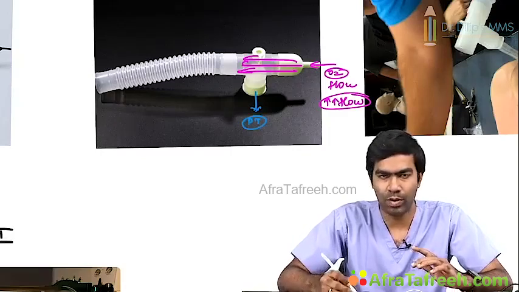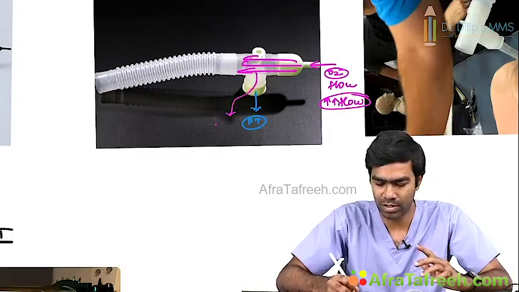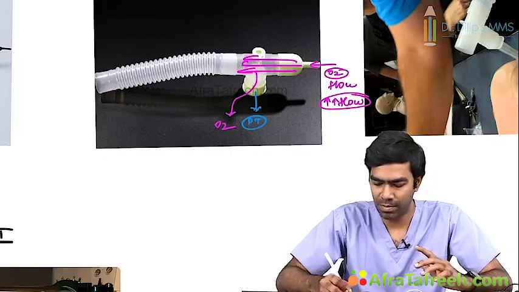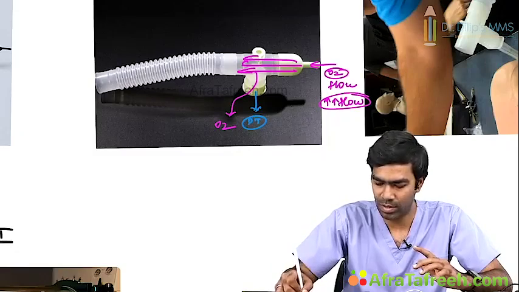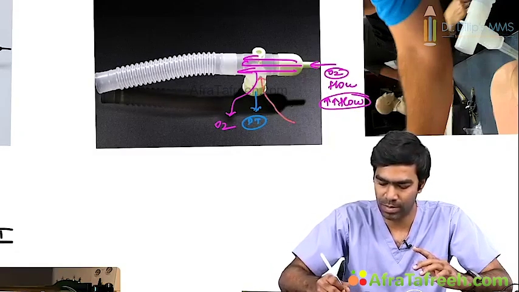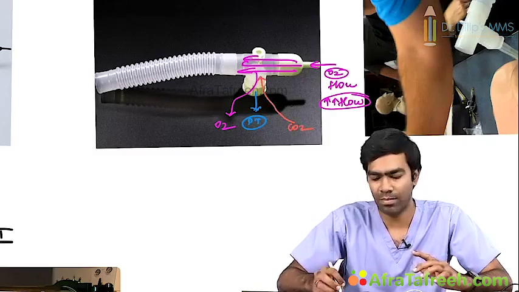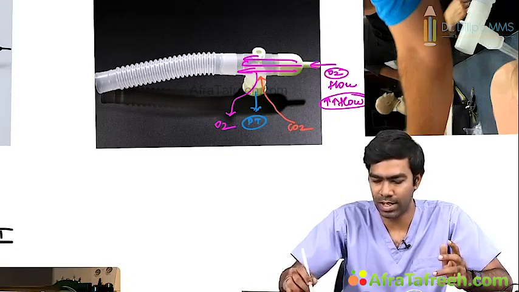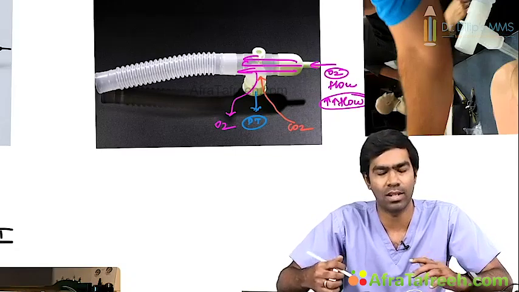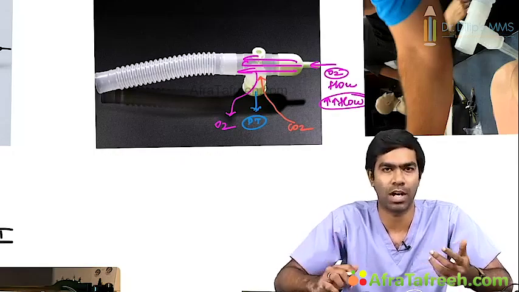During inspiration, the patient will take in the oxygen, but at the same time, when the patient is exhaling carbon dioxide, let me draw in red probably, you might argue that this might stay in the tube and result in rebreathing of carbon dioxide.